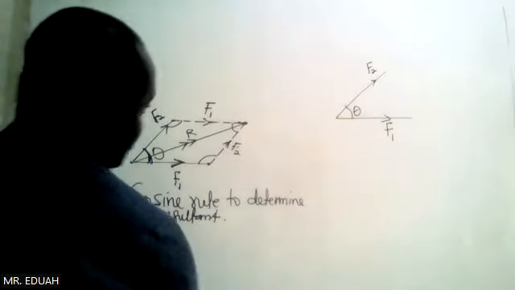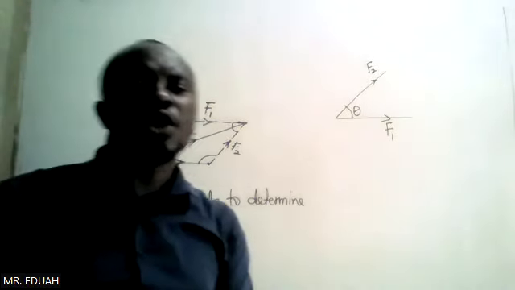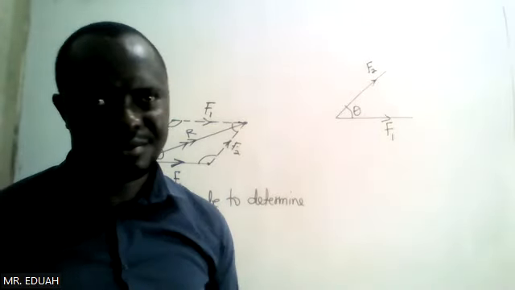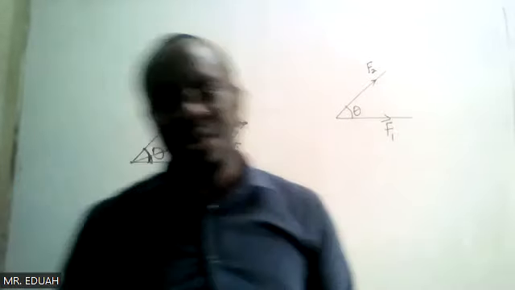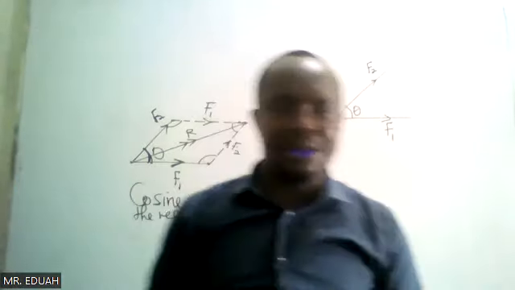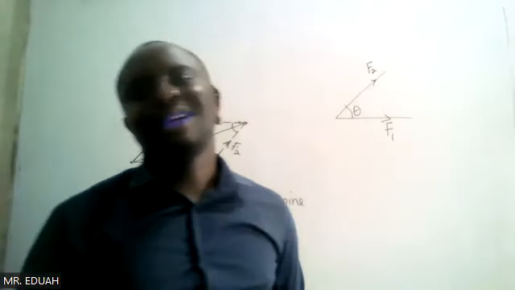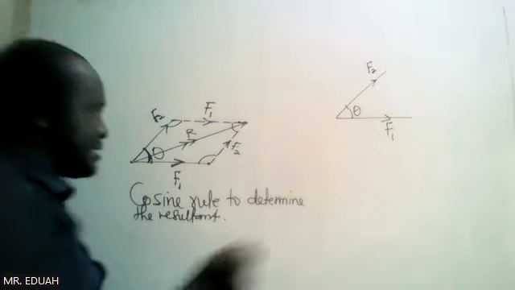What is the cosine rule? Interestingly, the cosine rule applies to all manner of triangles, whether it's right angle, equilateral, scalene, isosceles, the cosine rule works. What does it say?